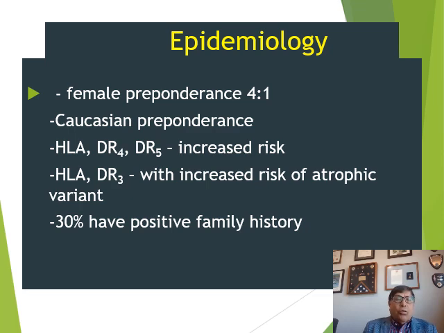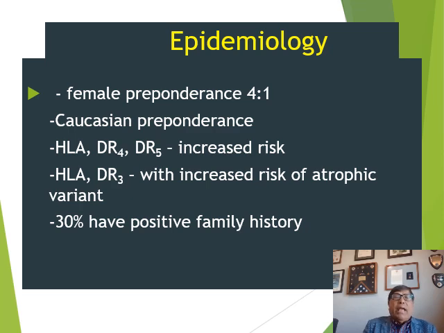Now, if you are looking at the HLA typing of a given person, histocompatibility leukocyte antigen, which is on the short arm of chromosome number 6, and if they have DR4 and DR5 in their haplotype, they have an increased risk of developing autoimmune thyroiditis.